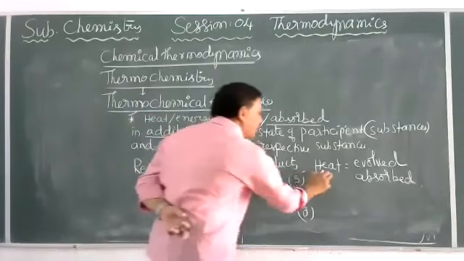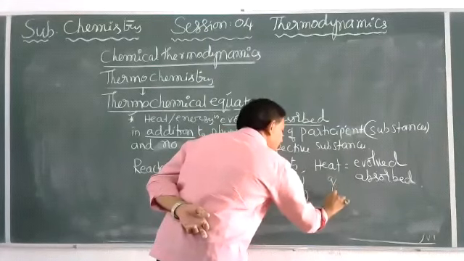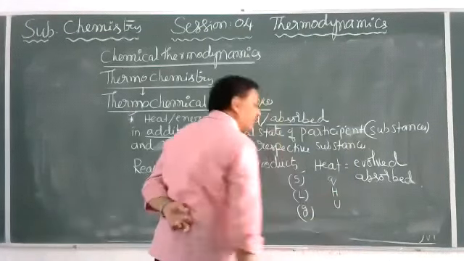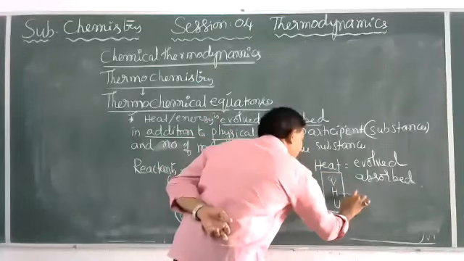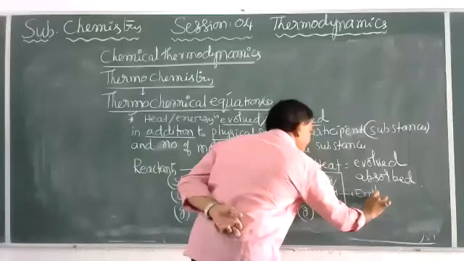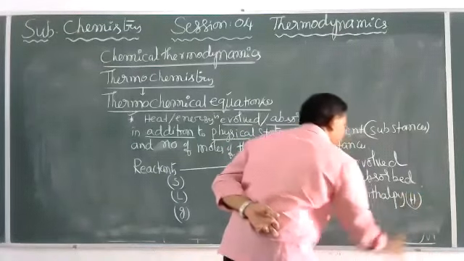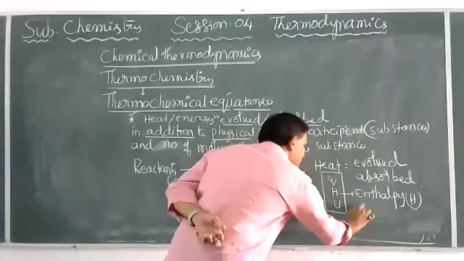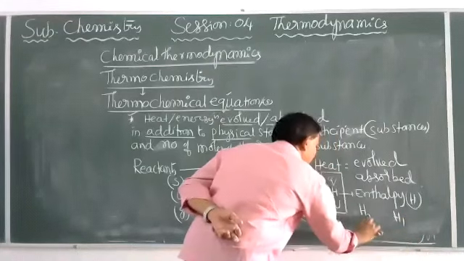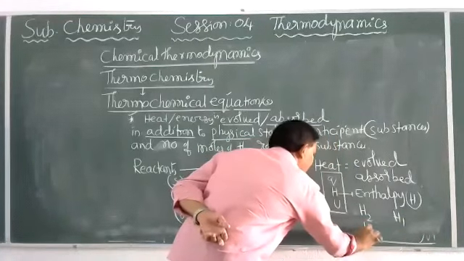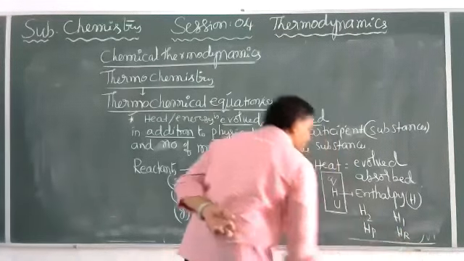Now this heat we already know is denoted in different ways: Q, H, U. Here we can use it in terms of enthalpy. Enthalpy is H, the heat content. Initial state enthalpy is H1 and final state enthalpy is H2. Product is HP, reactant is HR.